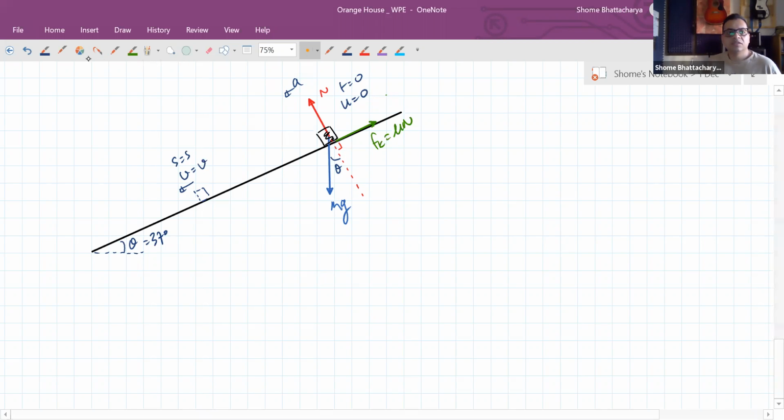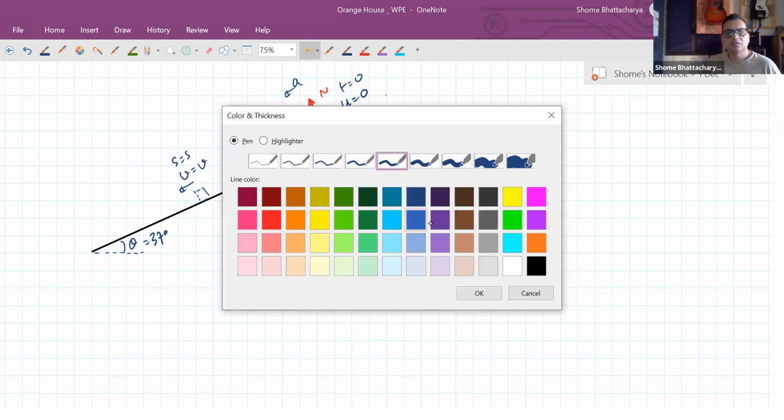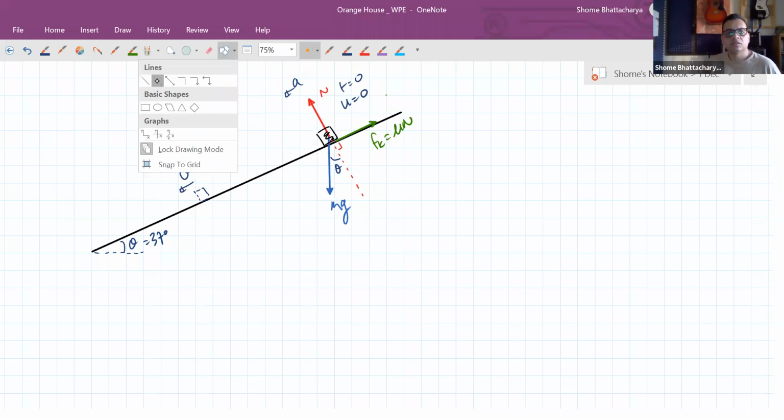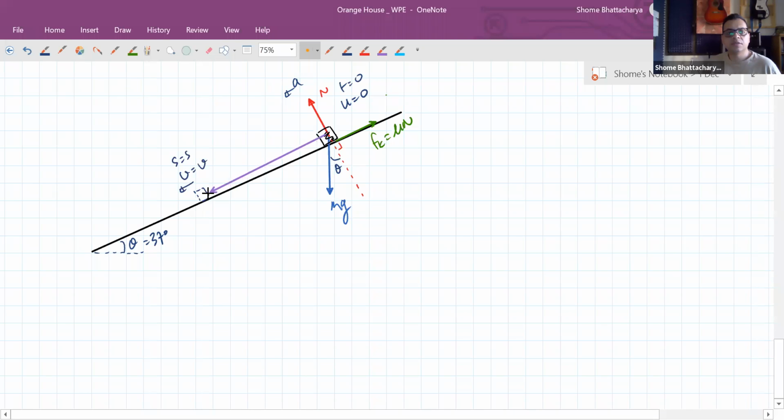So we can see that the displacement's direction is down the inclined plane. This is the displacement vector. Normal reaction will have a magnitude of mg cos theta. So remember m was 2 kg.